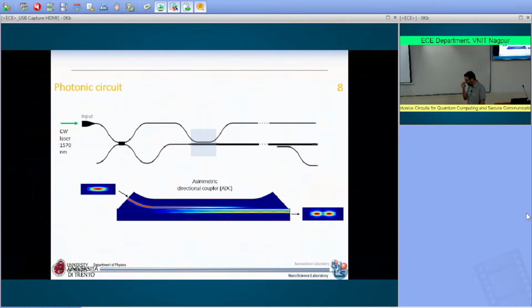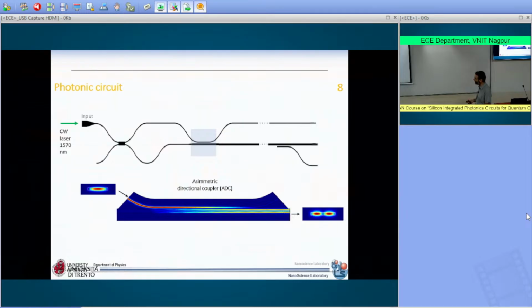A directional coupler is a device that allows you to couple together two waveguides, and if you control the spacing between the waveguides and the length of the directional coupler, you can design your device in such a way that it enables you to couple a fundamental mode from one waveguide.